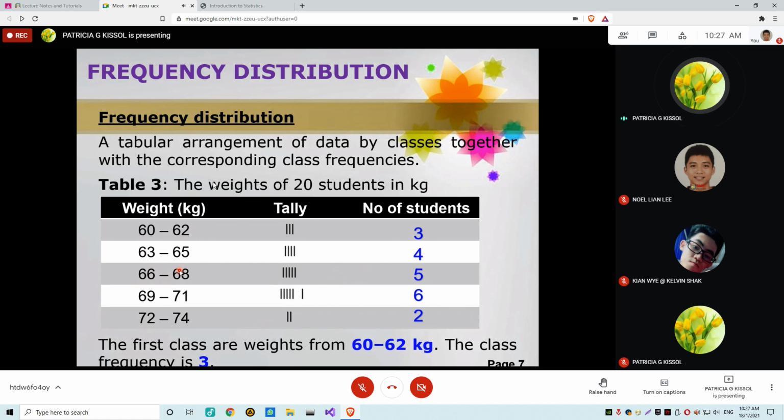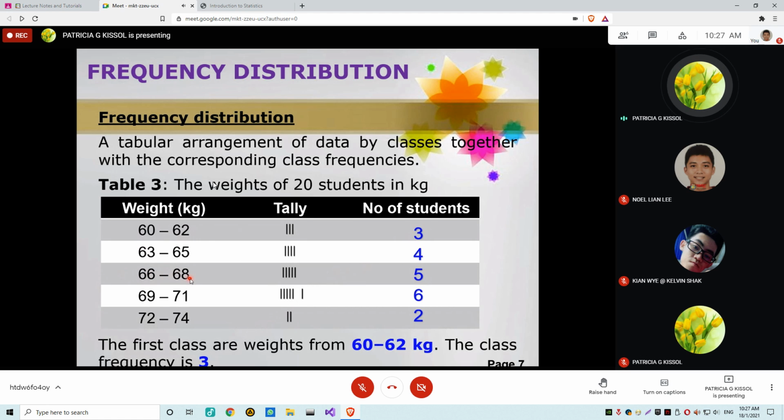But in terms of class boundaries, you can see 65, the class before it, and the class under discussion, 66, there is a gap. Gap means 65 to 66. So the lower class boundary, we take the value in between 65 and 66. That means we are taking 65.5.